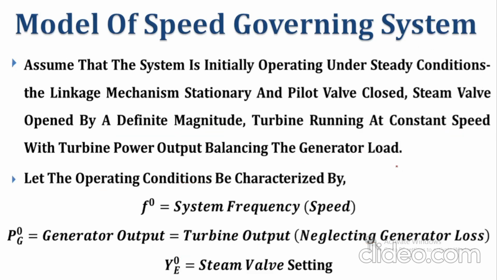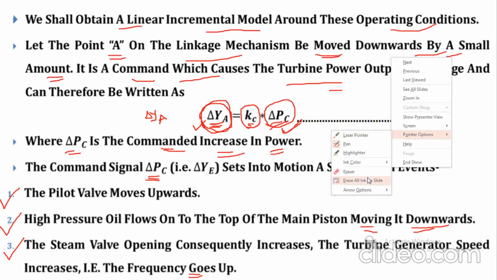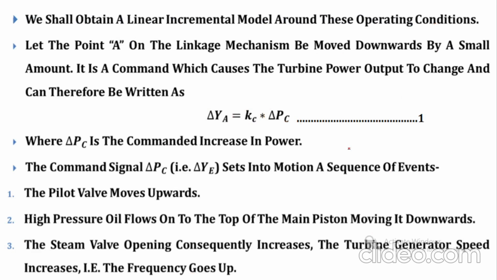So basically there are two types of input and one type of output for this mathematical model. So what are the inputs and what are the outputs? First input is change in frequency. Clear? First input is change in frequency, and the second input is the valve setting.